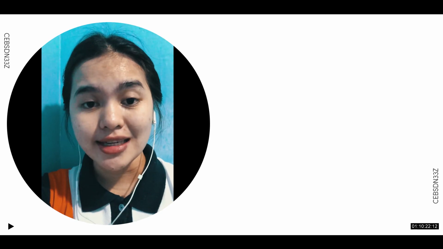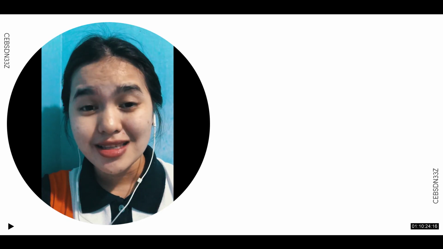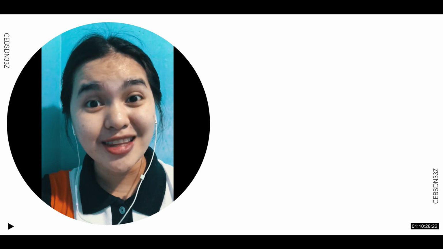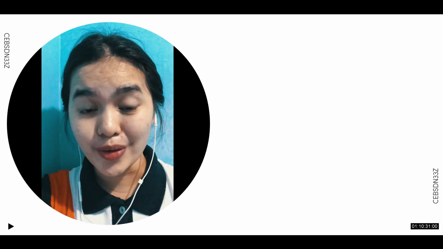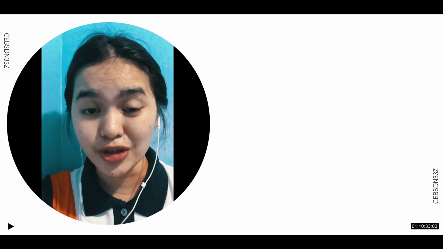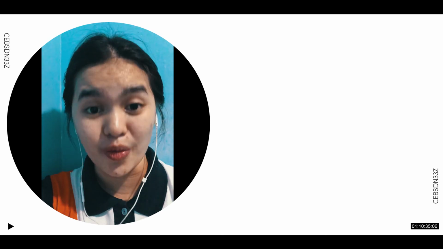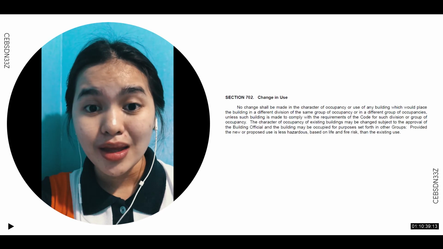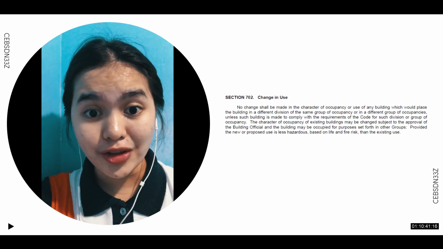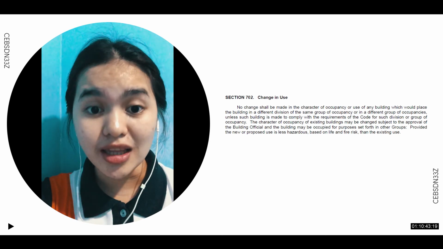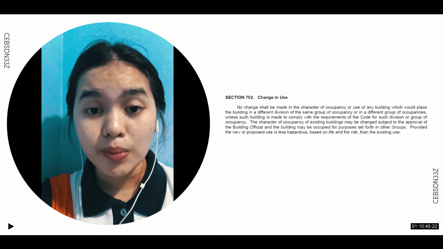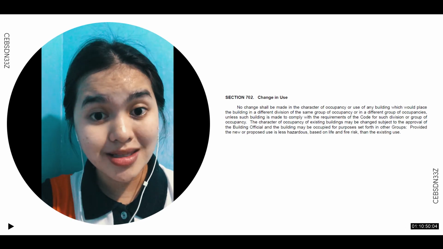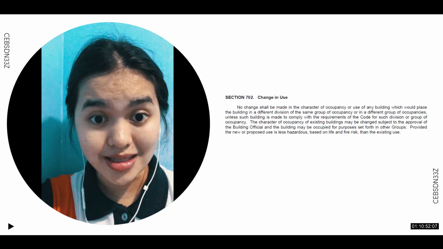In addition, in Section 702 of the 2004 Revised Implementing Rules and Regulations of Presidential Decree 1096 published by the Department of Public Works and Highways, on changes in use, the idea is this: no change shall be made in the character of occupancy of a building that would place it in a different division of the same group of occupancies or in a different group of occupancies.